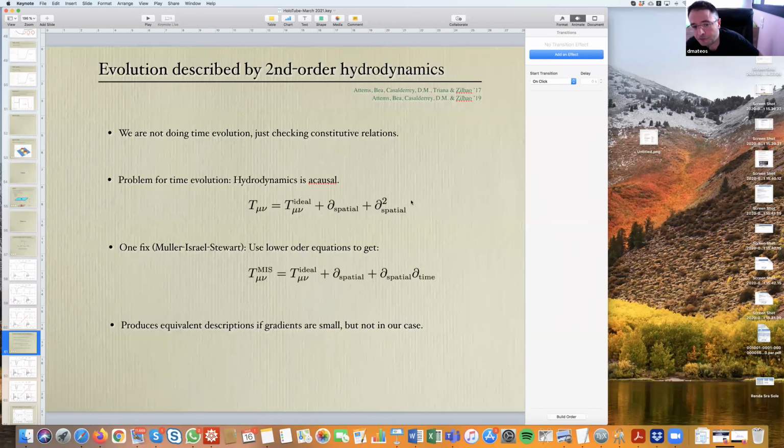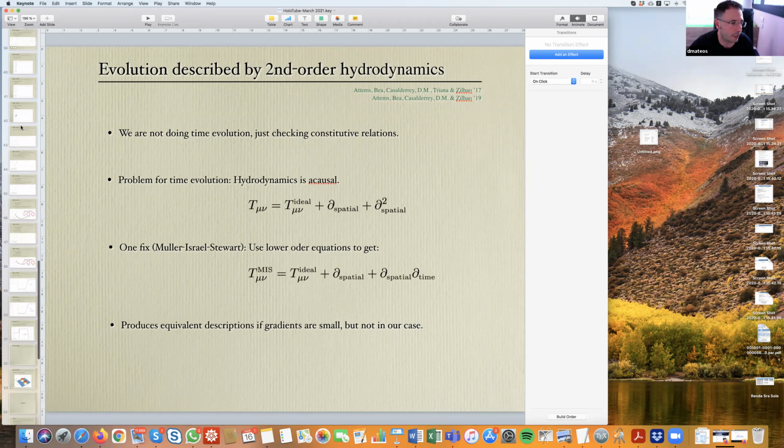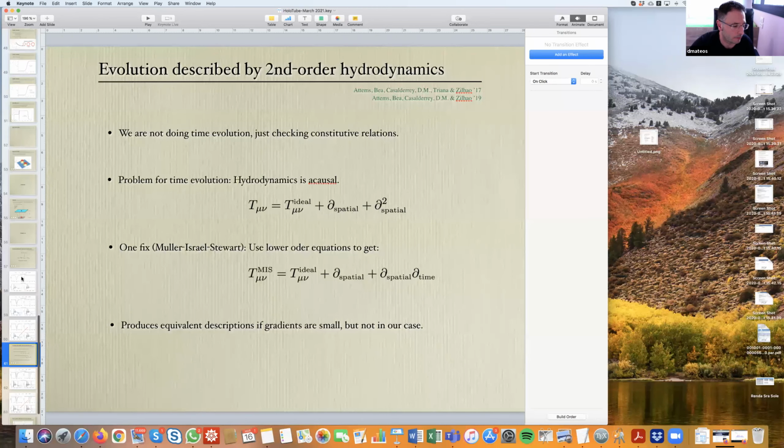So if you want to use this formulation to check if hydrodynamics works, you need to know all the coefficients that appear in this theory at second order, which are the analog of the viscosities, but there are more of them because it's second order, so there are more tensor structures you can write down. And those we already computed for this theory that I was showing you here.